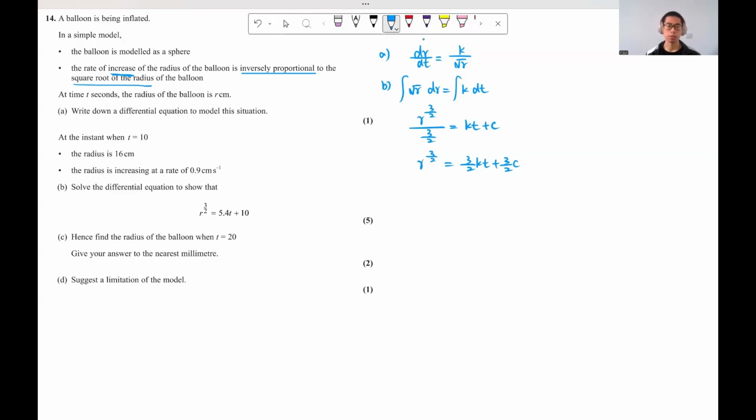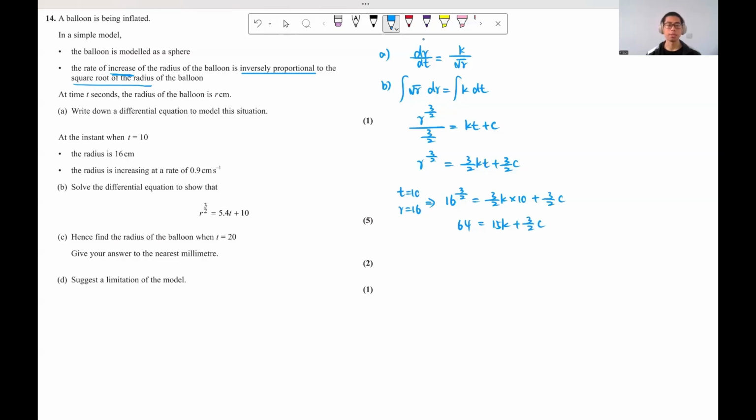So substitute in, so when t equal to 10, radius is 16, so we can substitute that first. So then 16 to the power 3 over 2 equal to 3 over 2k times by t, which is 10, plus 3 over 2c. So then 16 to the power of 3 over 2, that's just 64. So 64 equal to 3 over 2 times by 10, and that would be 15. So 15k plus 3 over 2c.